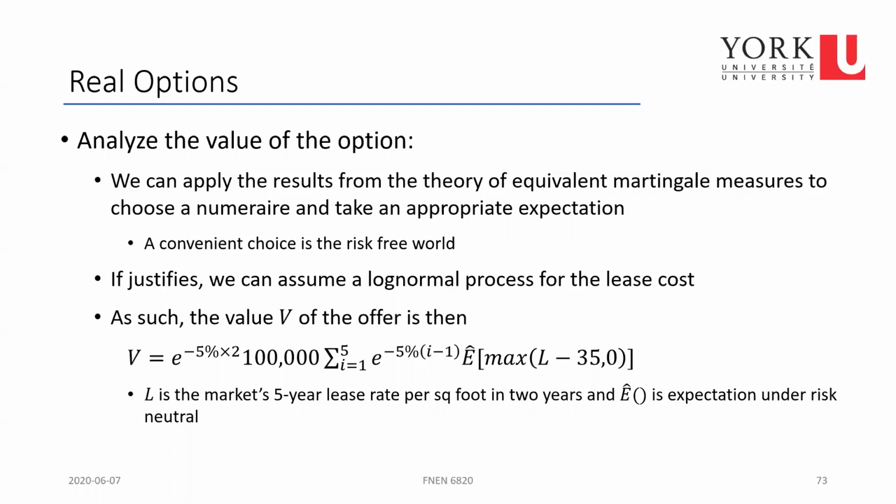They take a write-off of this $1 million, but they don't have to take that 5-year lease at $35. So this basically specifies the payoff of the option 2 years from today. That's why we have to discount for 2 years, because we're looking at an option that matures 2 years from today.